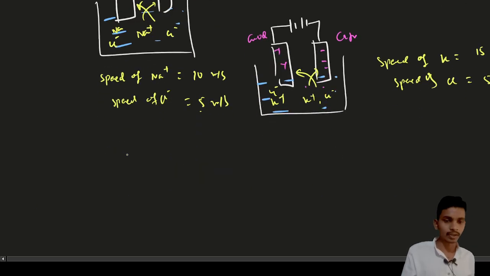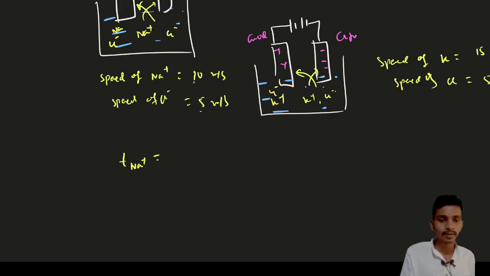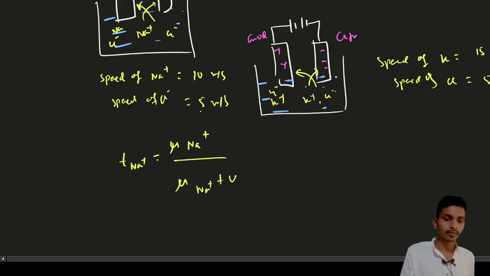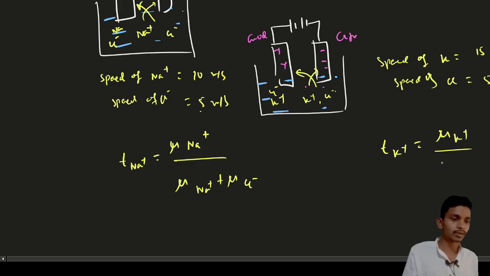Then the transport number of Na+ means its share of the total, that is the ionic mobility or current carried, so the speed of Na+ upon the speed of Na+ plus Cl-. Similarly, the transport number of K+ is the ionic mobility of K+ upon K+ plus Cl-.